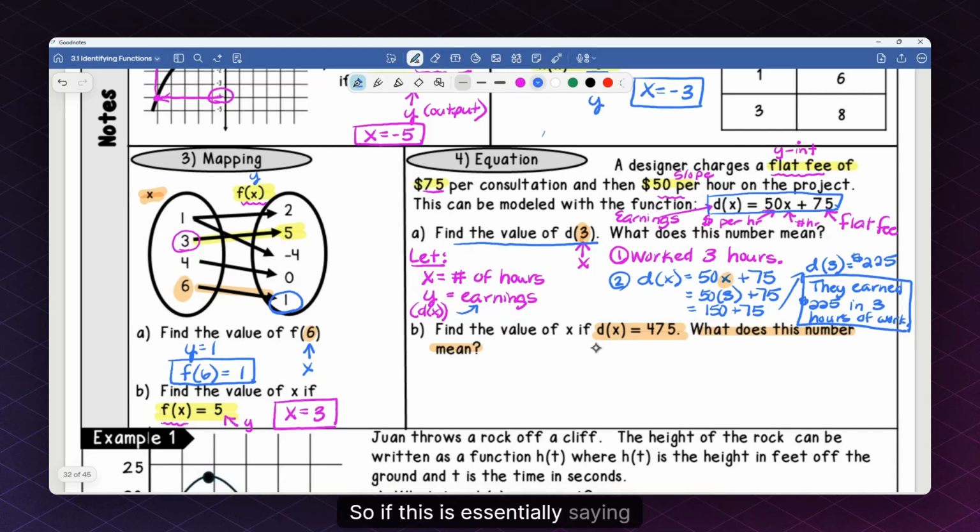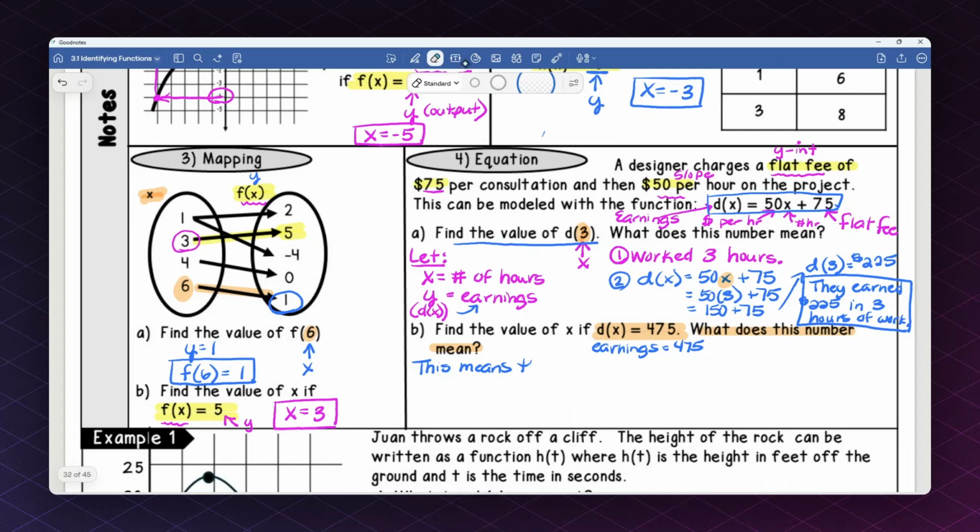So this is essentially saying earnings equal 475. They just wrote it as D of X. So they earned 475.